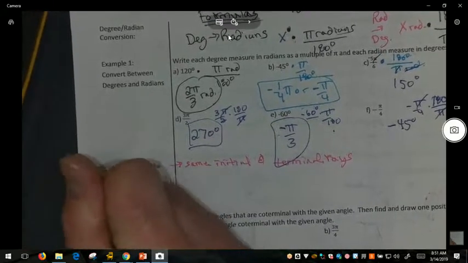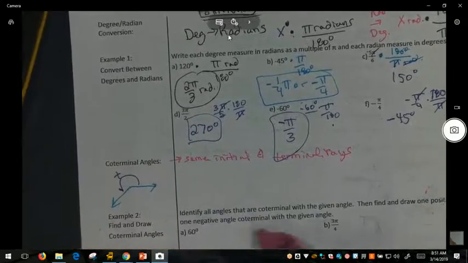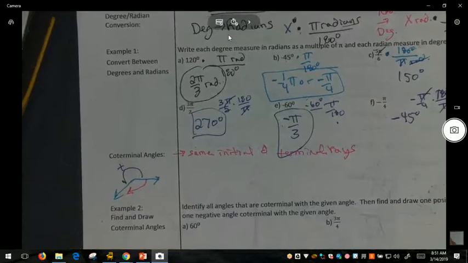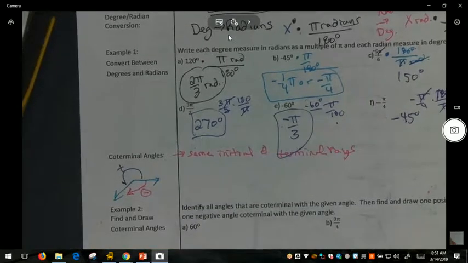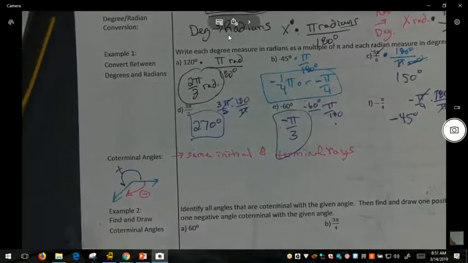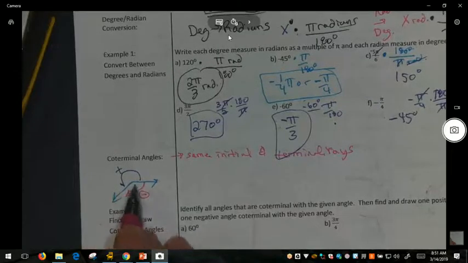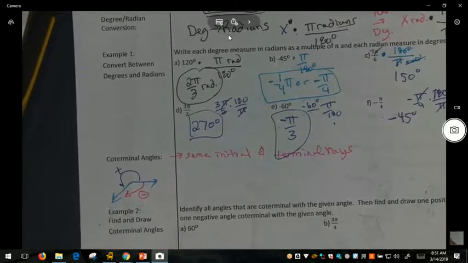So here's a positive angle, and here is a negative angle that have the same initial and terminal ray. So those are coterminal. I could also spin around this many times and land at the same spot, either in a positive or in a negative direction, and I would still have a coterminal angle.